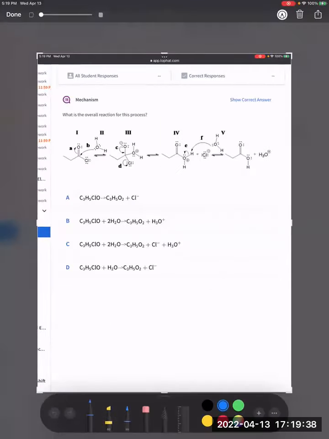All right, so what I would do is, there are 3 steps in this mechanism, and how do we know that? You can see that there are 1, 2, 3 arrows here, indicating 3 steps. So I would write out the 3 steps to be on the safe side. Okay, so let's start.